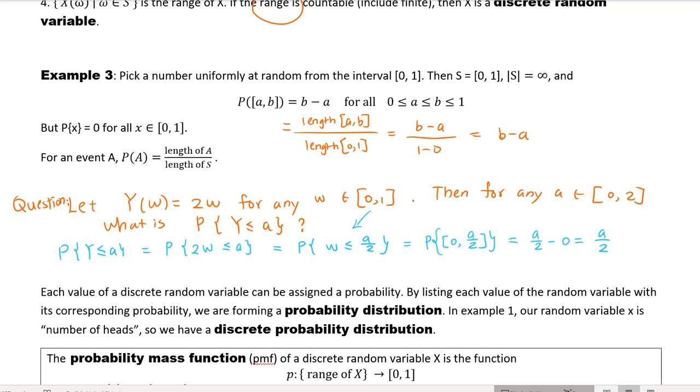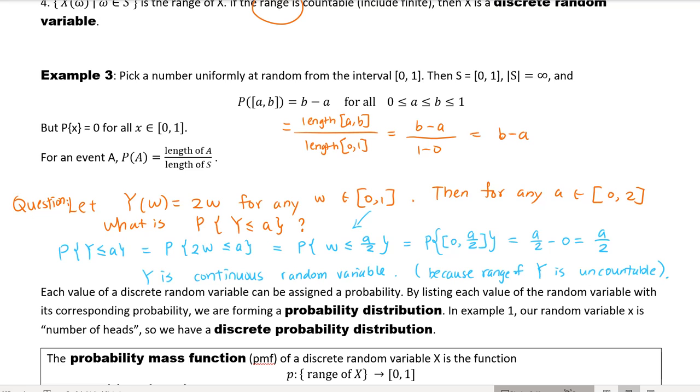And here you can see the range of w is an interval, so it is uncountable. So Y is a continuous random variable, because the range of Y is uncountable.